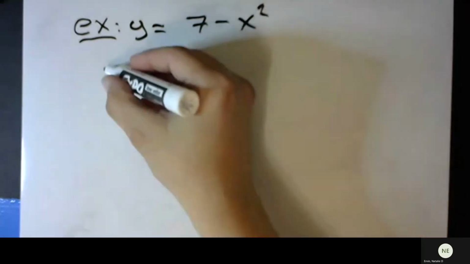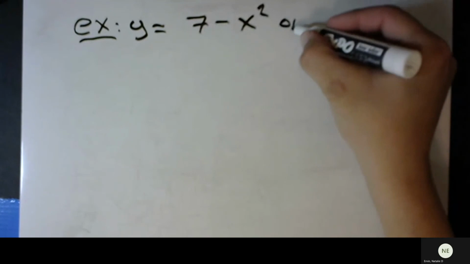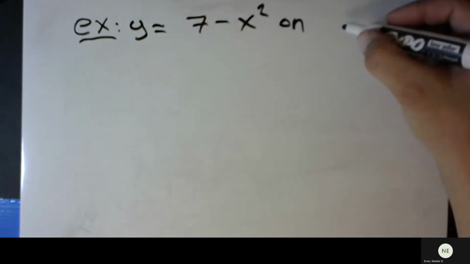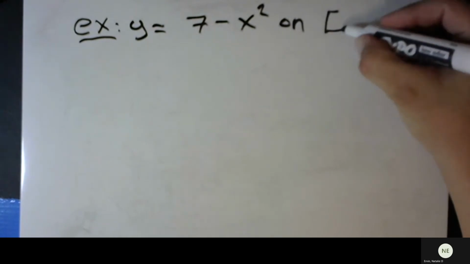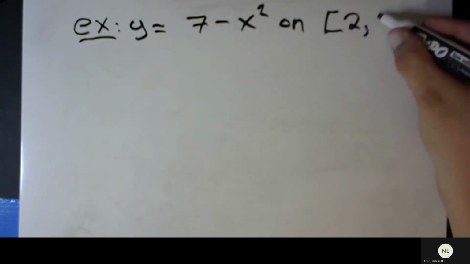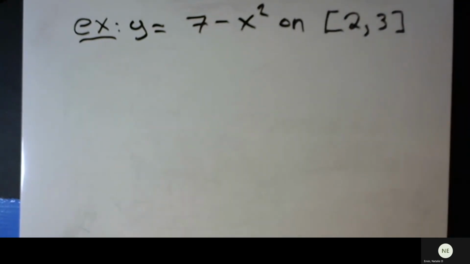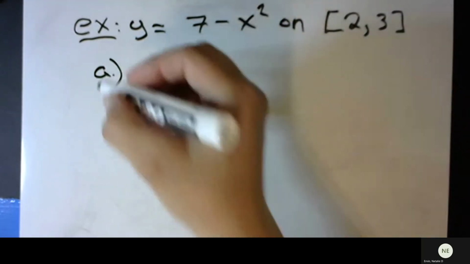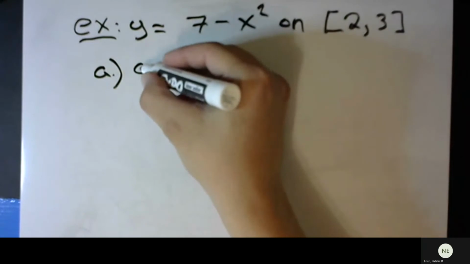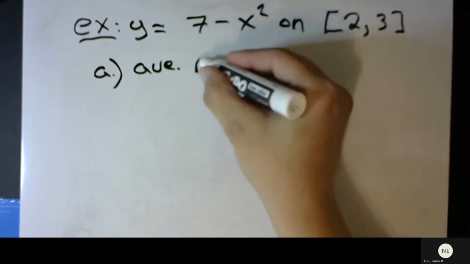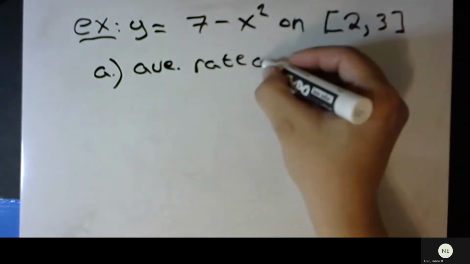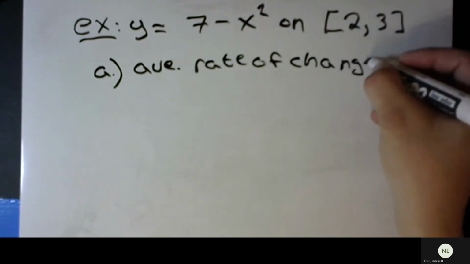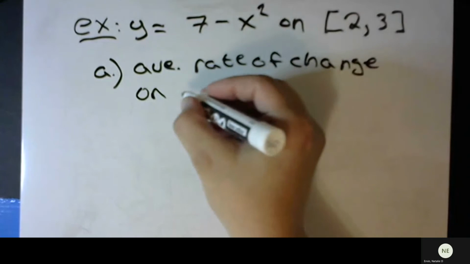So if you're looking, let's say, on the interval 2 to 3, and let's say we want the average rate of change on this interval.